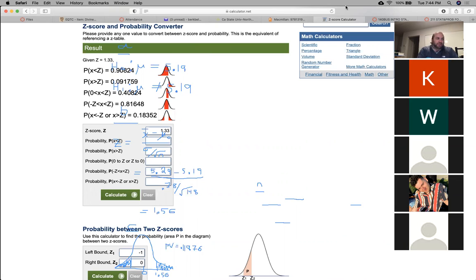So how can you have something that's more than 100%? Yes, no, maybe so. So what is the p-value?